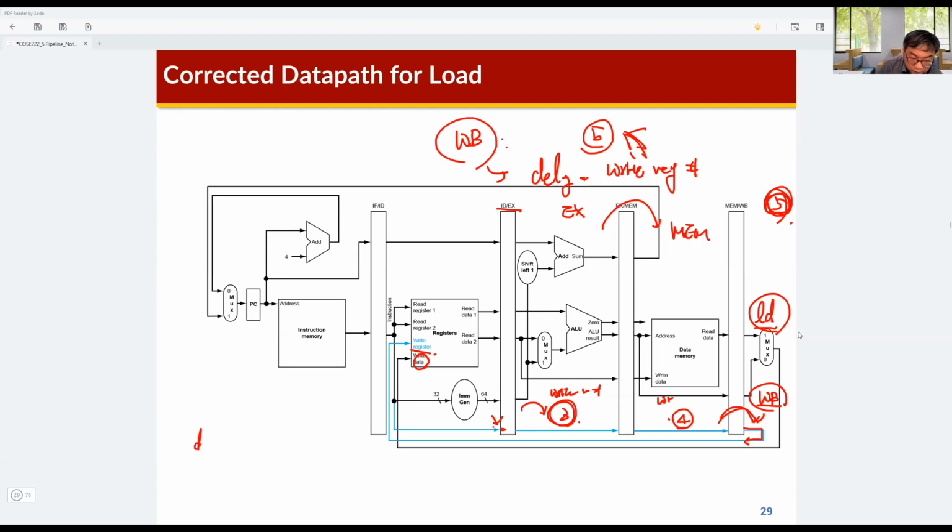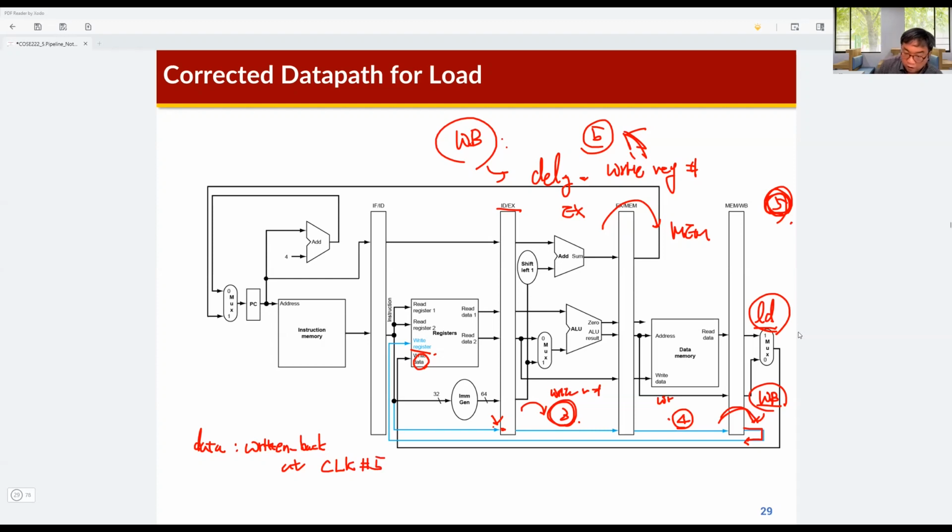So data is written back at clock cycle number 5.